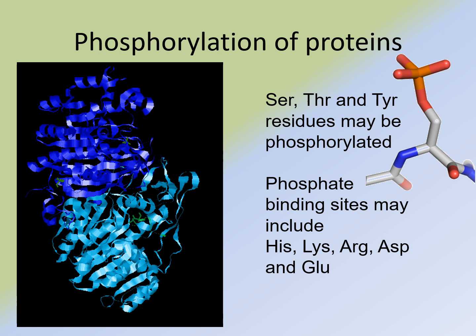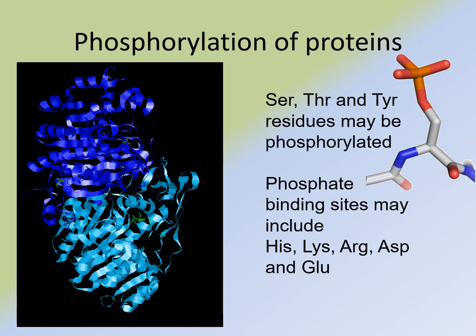And there are three amino acids that have OH groups: serine, threonine, and tyrosine. So covalently, proteins can be phosphorylated at serine, threonine, and tyrosine residues.